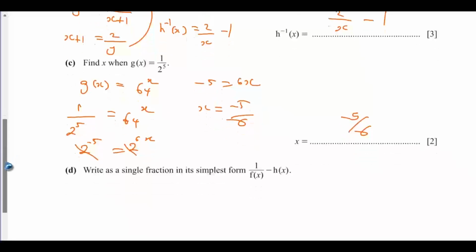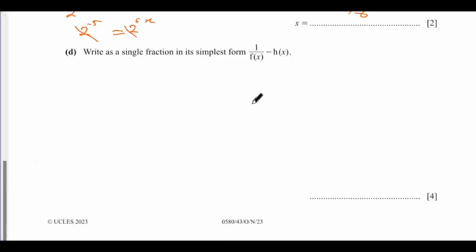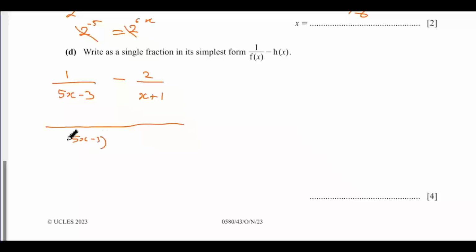Then part D, write as a single fraction in the simplest form 1 over f of x minus h of x. So that will be 1 over f of x, which is 5x minus 3, then minus h of x, which is 2 over x plus 1. The LCM will be the product of the denominators, that will be 5x minus 3 into x plus 1.